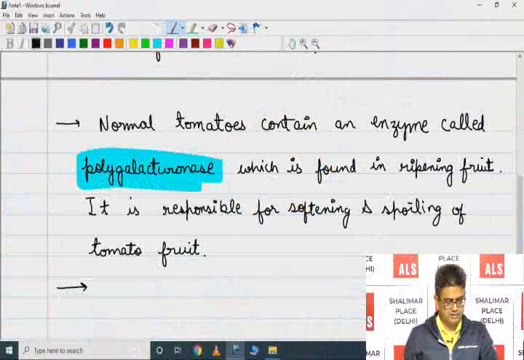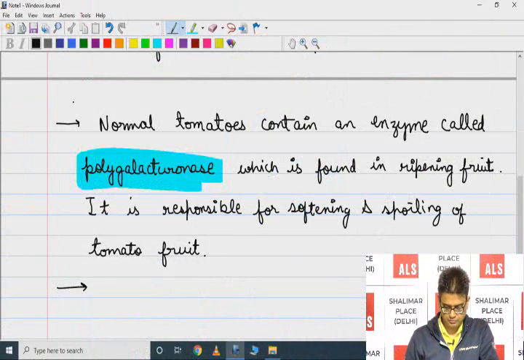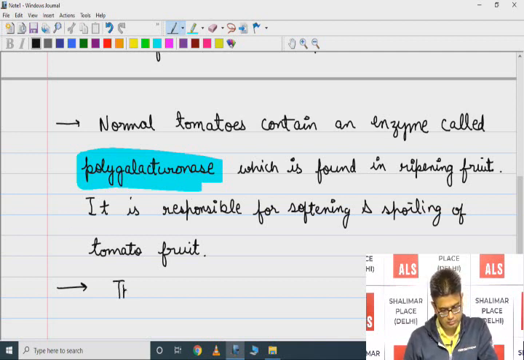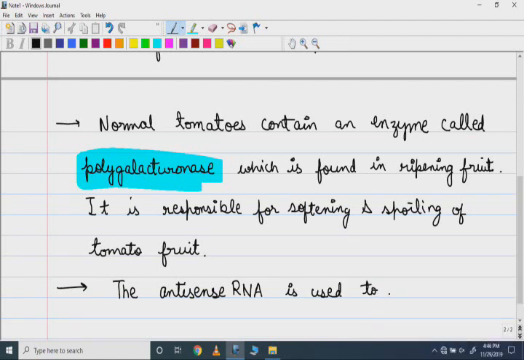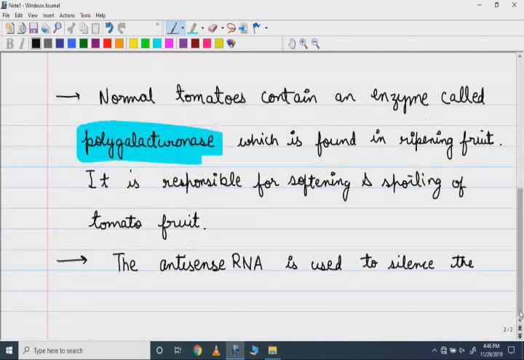This enzyme is silenced. The antisense RNA is used to silence the expression of polygalacturonase enzyme.